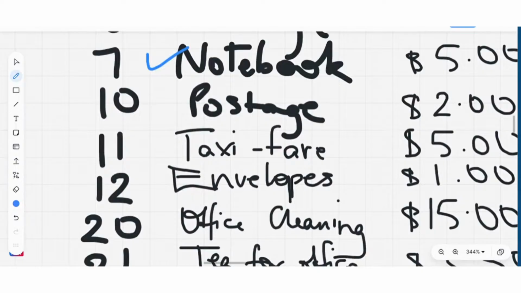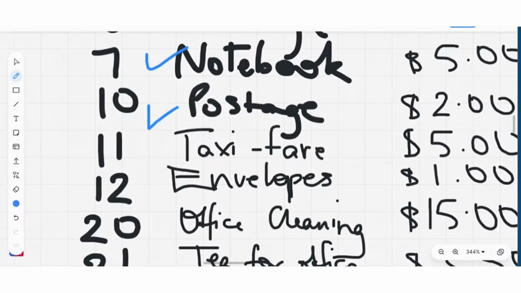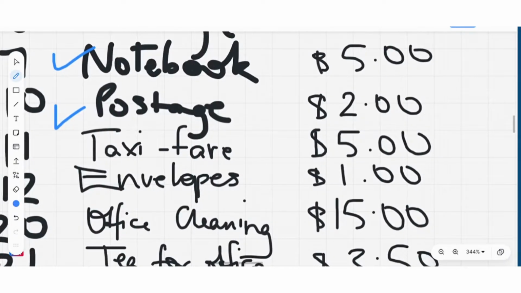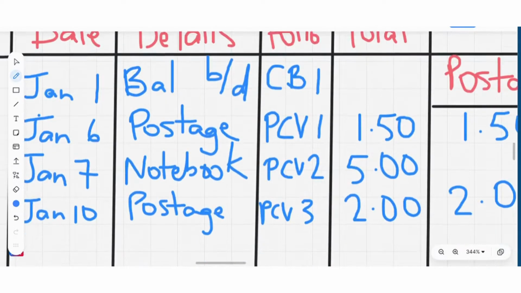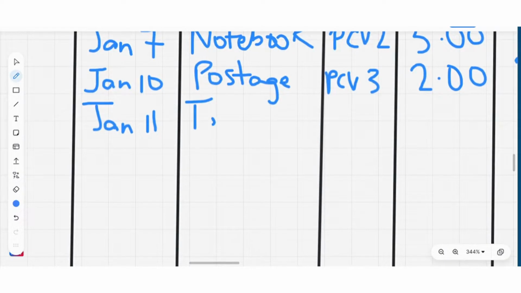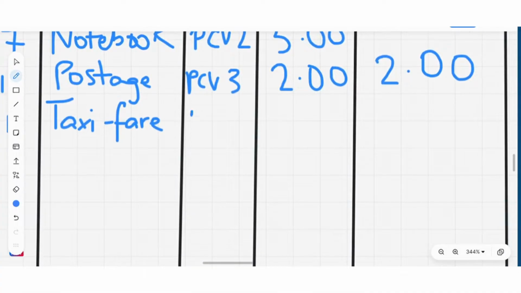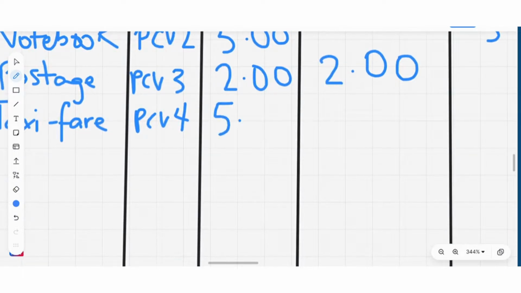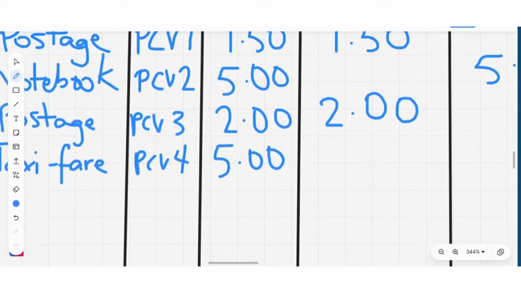Finish with that. January 11 now, taxi fare amounting to $5. So same thing. January 11 in the date, right? In the taxi fare, petty cash voucher number 4. I always say that taxi fare was $5. You're gonna look in the appropriate analysis column.